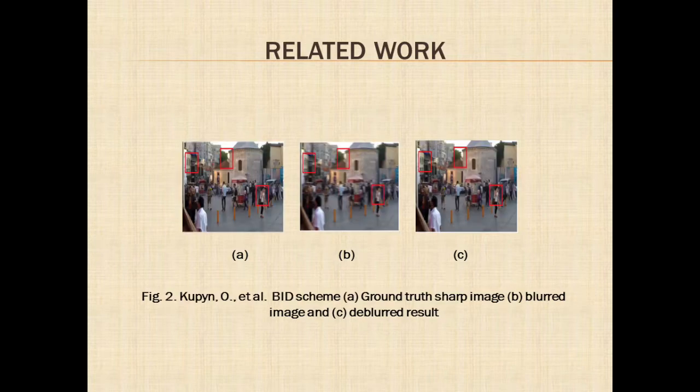Similarly, figure 2 shows images from the BID scheme presented by the authors, which is learning based and aims at the recovery of artificial blurred as well as real blurred images. The image shown in A is the original image and B is the blurred image, while C is the restoration result using the scheme presented.